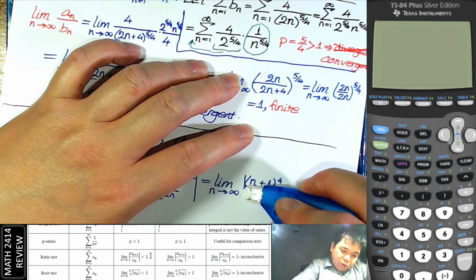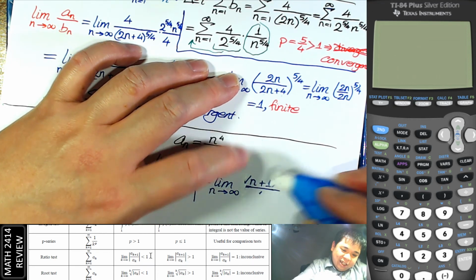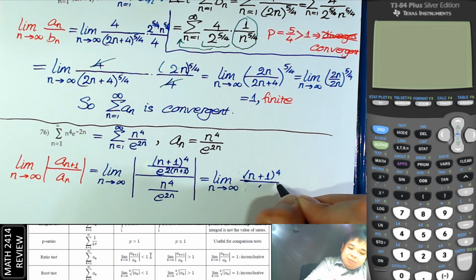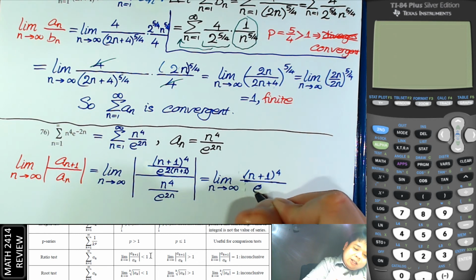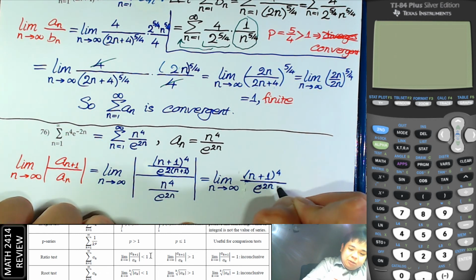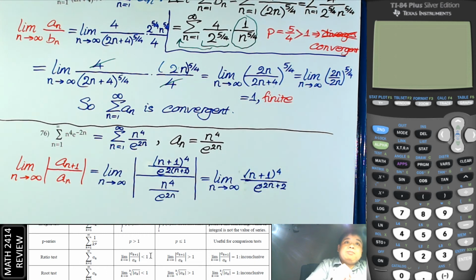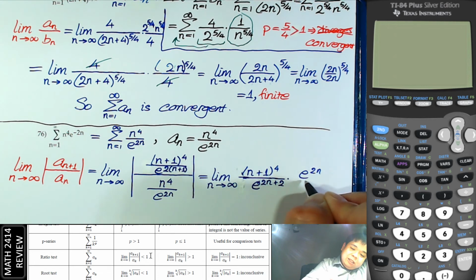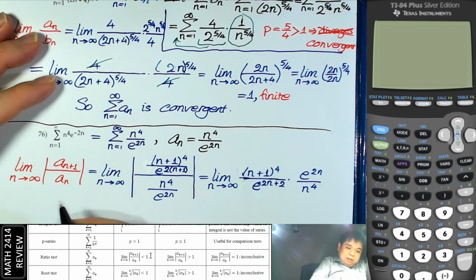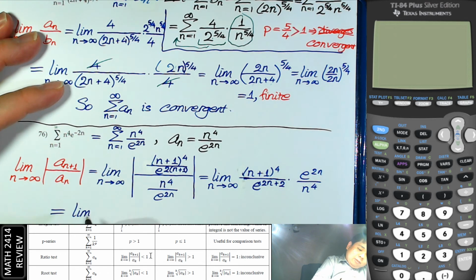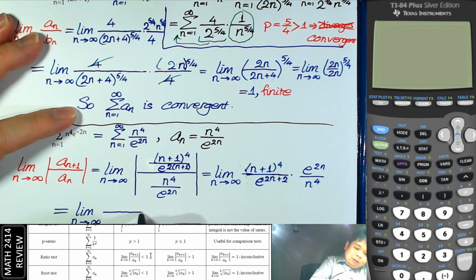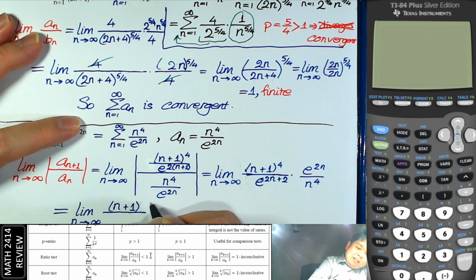Do we really need the absolute values here? The answer is no. All of them are positive, so the absolute values are redundant. Right, e to the 2n plus 2. Multiply this out. Now, dividing a fraction is multiplying by the reciprocal. n plus 1 to the fourth power.